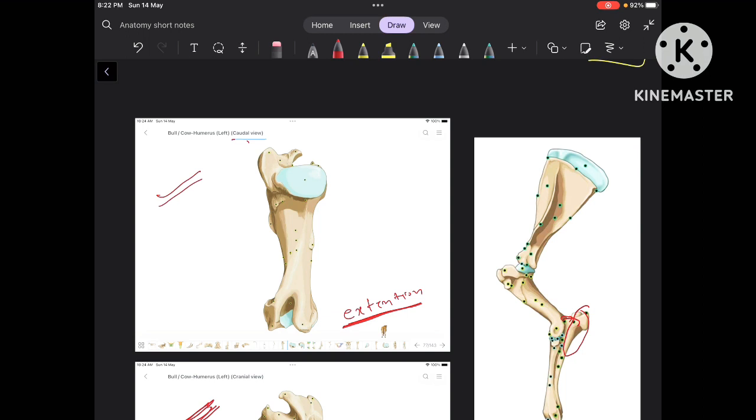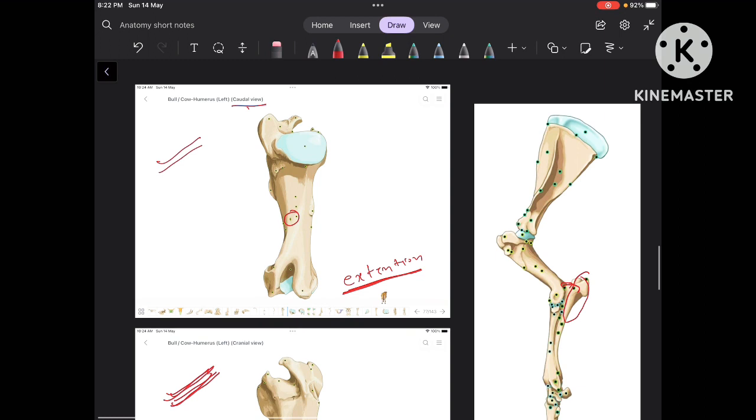This is the caudal or posterior view of the humerus. The posterior surface has a nutrient foramen just above the middle of the posterior surface. This is the articular surface of the head, and it articulates with the glenoid cavity of the scapula to form the shoulder joint.